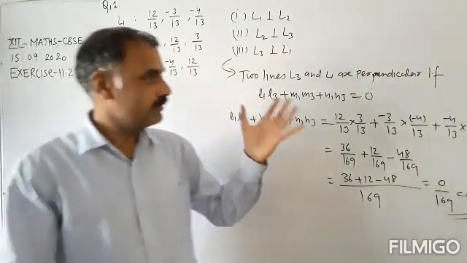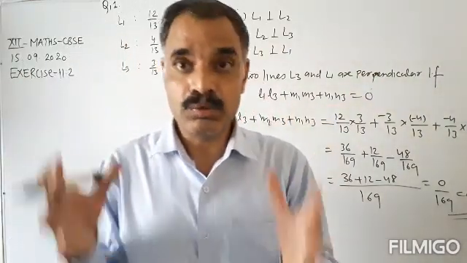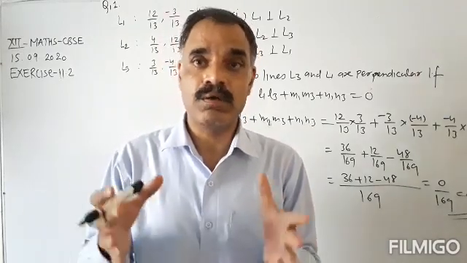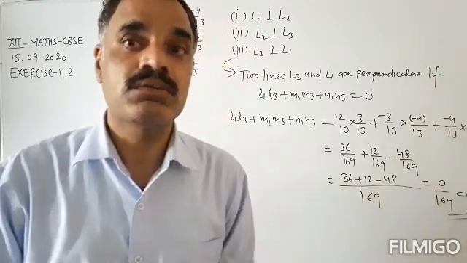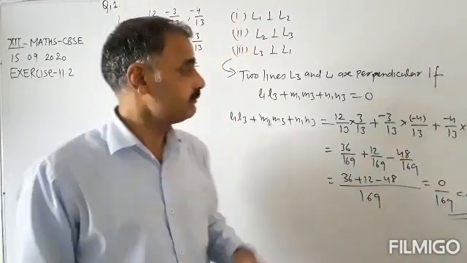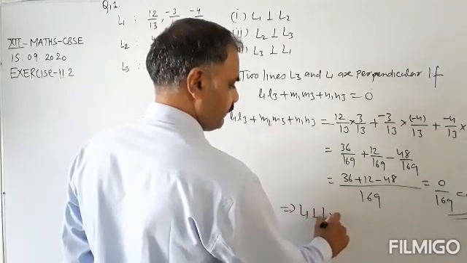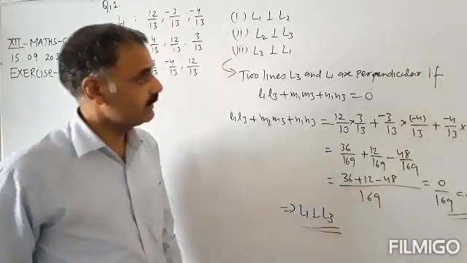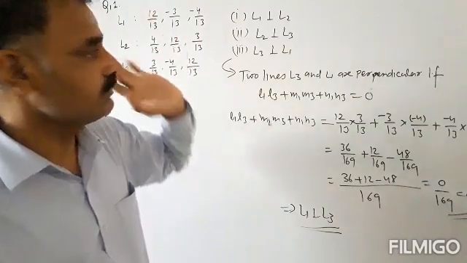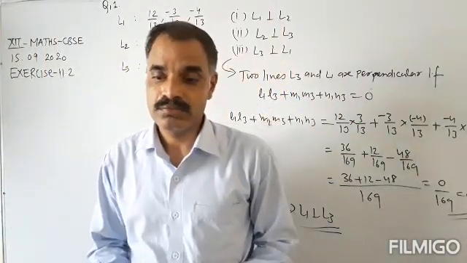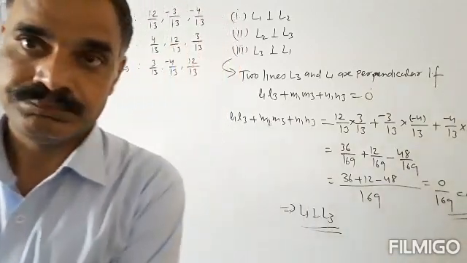So the sum of the products of corresponding direction cosines is equal to 0. That is why L1 is perpendicular to L3. In the same way you have to solve the first part and the second part also. So this was question number 1.